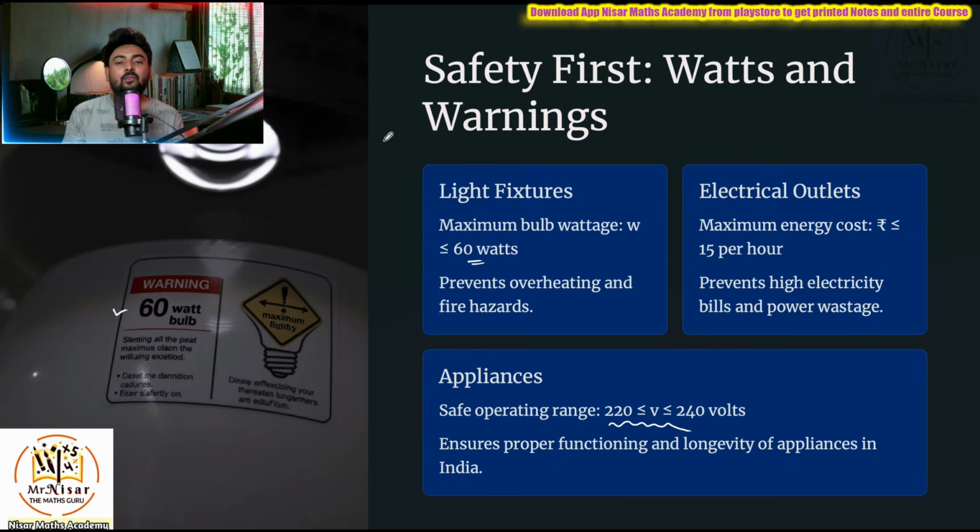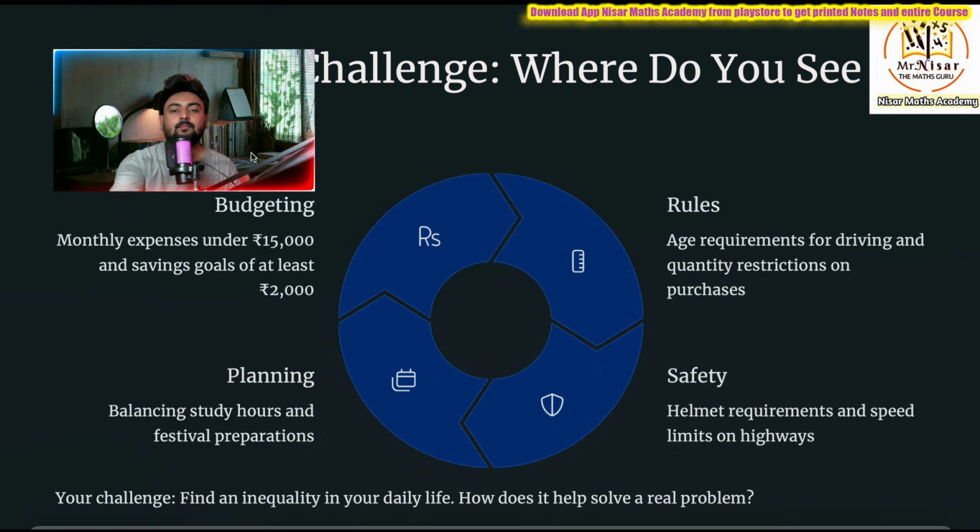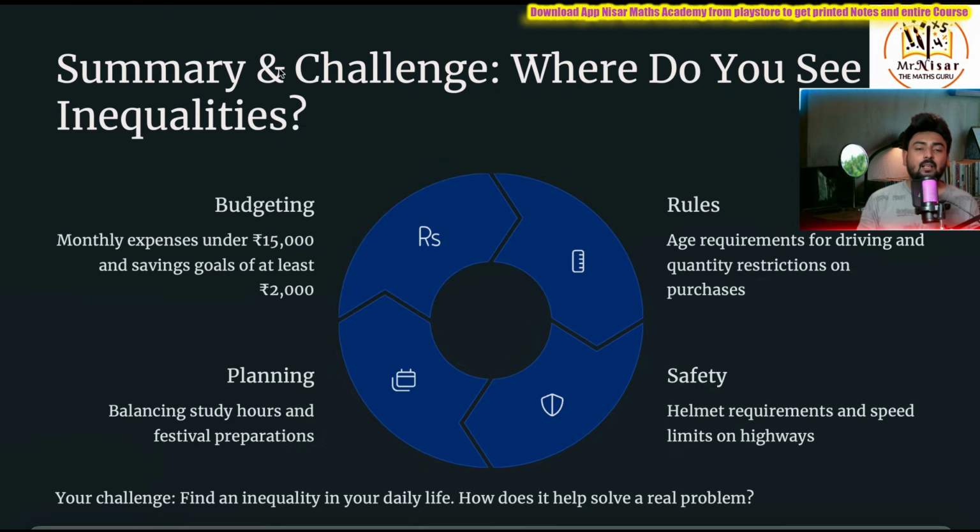applications, all the real life examples we have seen for linear inequation, at once. So, summary and challenge, whatever we have studied till now. Where do you see inequalities? I have given you a few examples. One was budgeting, the monthly expense, then planning, then rules like age requirements, then safety, helmet requirements and speed limits on highways.